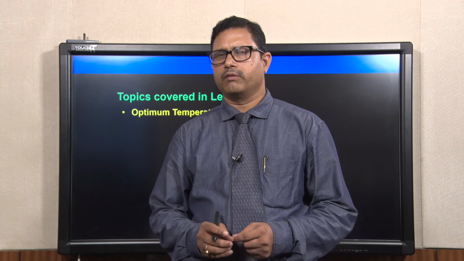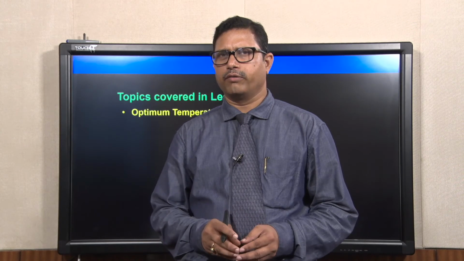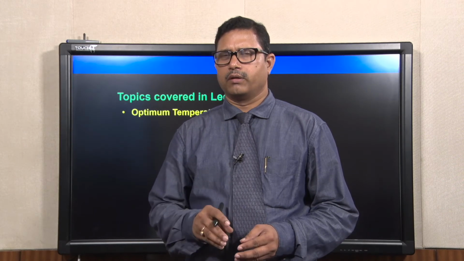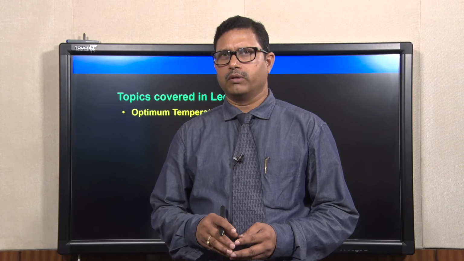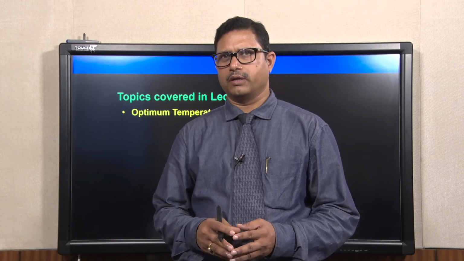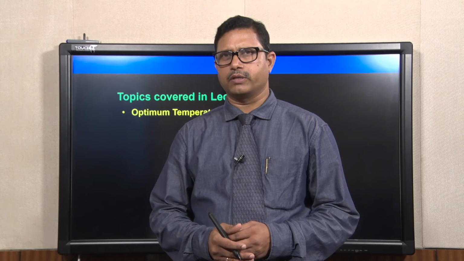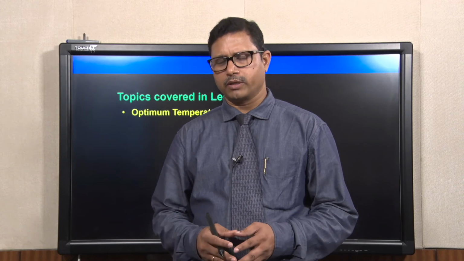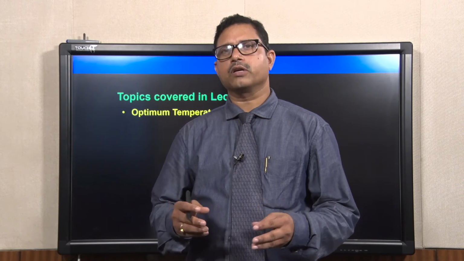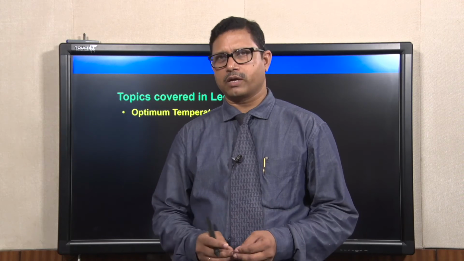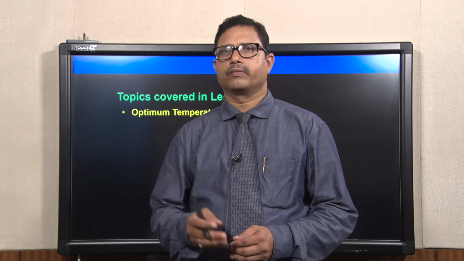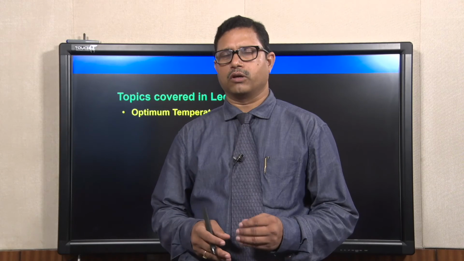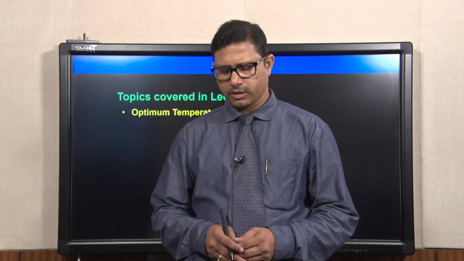We have seen for a case of irreversible single reaction, the maximum allowable temperature is the optimum temperature. Even in case of the reversible endothermic reaction, the maximum allowable temperature is also the optimum temperature.